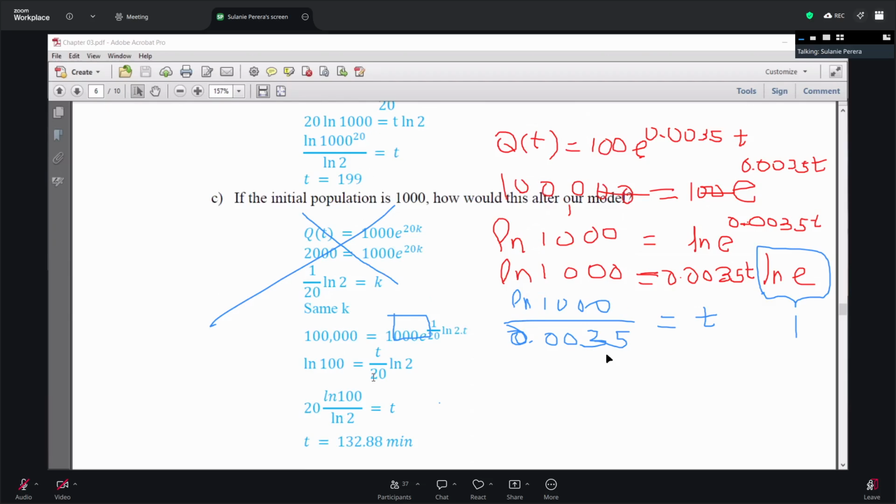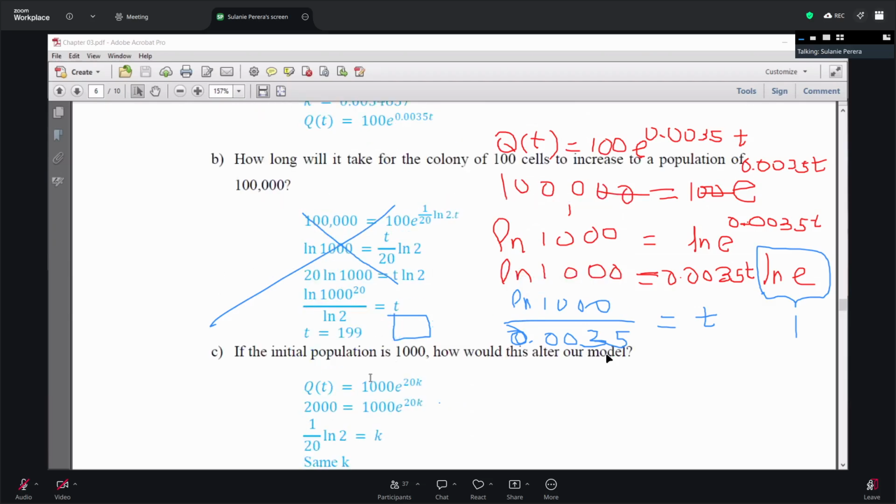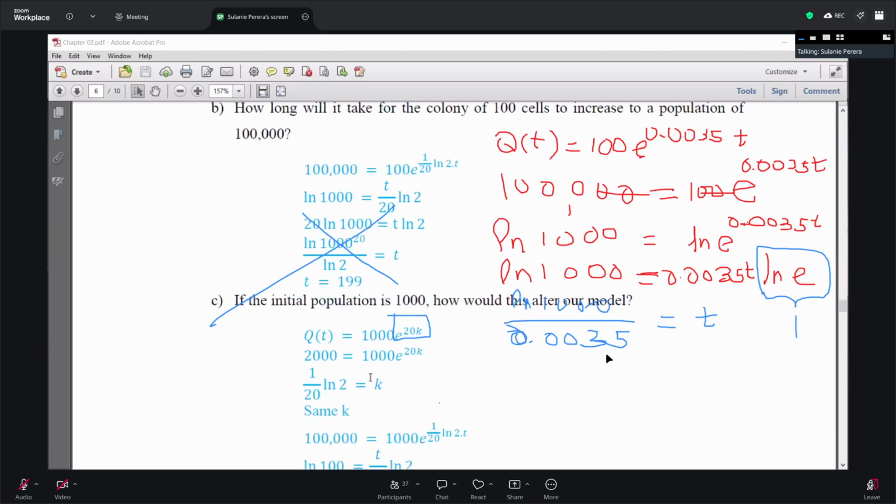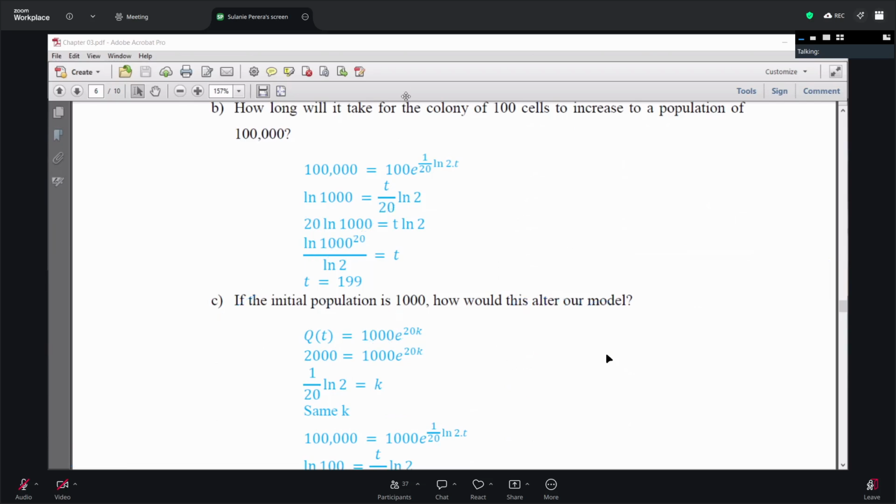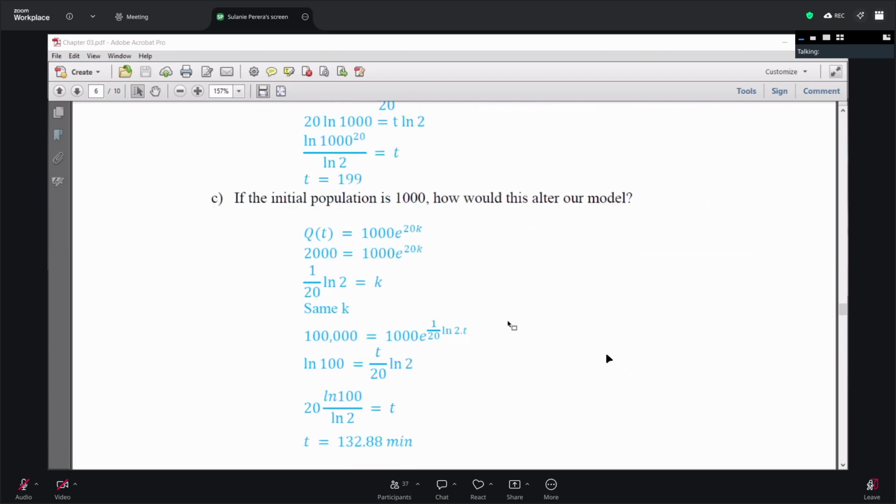Now substitute that and find how long it will take to reach 100,000. Right?